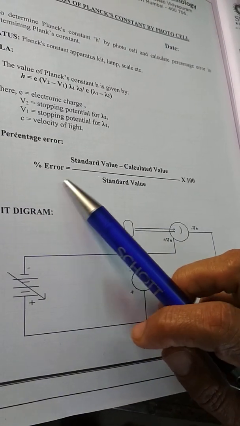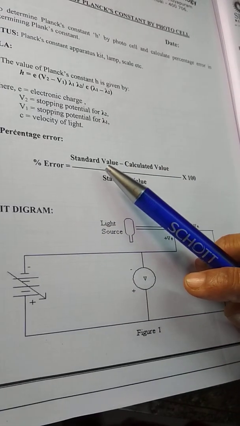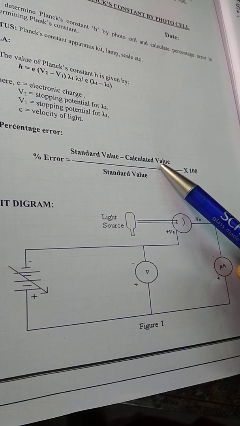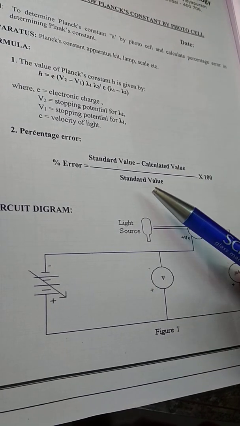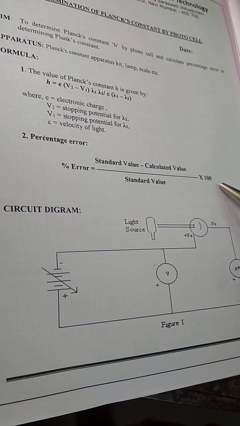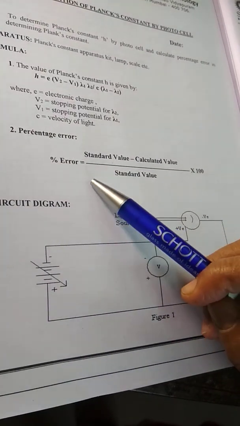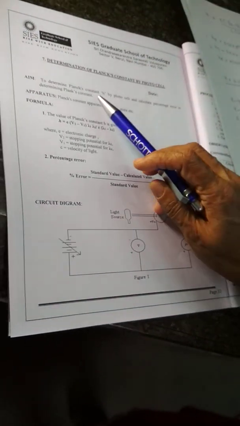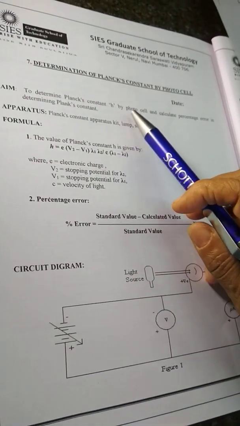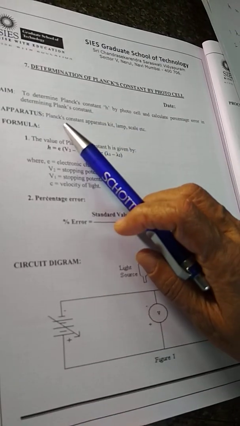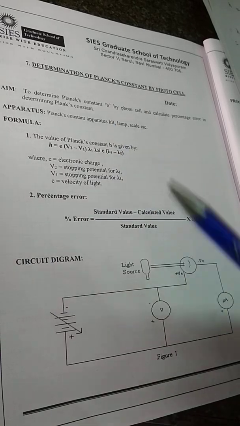To find percentage of that error, we take standard value, from which we subtract calculated value, divide by standard value and find percentage of it. So that will give you percentage error. So this experiment will help us to find Planck constant using photocell and also calculate the error in determining Planck constant.